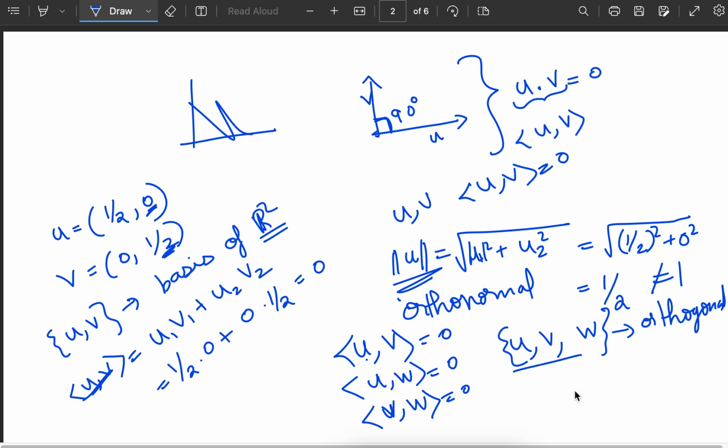Also they form a basis of R³. So this is an orthogonal basis of R³. Also we can verify that norm u is equal to 1, norm v is equal to 1 and norm w is equal to 1. So it forms an orthonormal basis of R³.